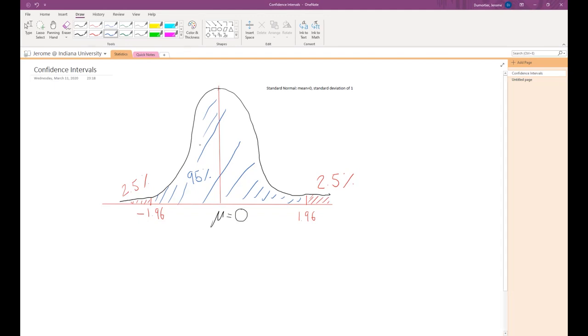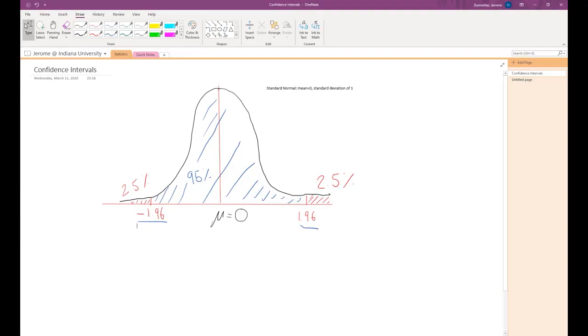And you will also see that the values of negative 1.96 and 1.96 are going to play a very important role in constructing confidence intervals, and also in the future in conducting hypothesis tests.